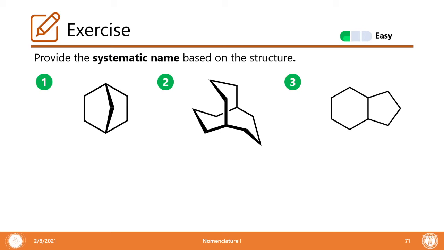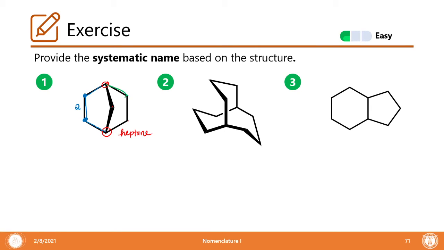So here are some simple exercises. Provide the systematic name based on the structure. Let's try this. Let's count the number of carbons. 1, 2, 3, 4, 5, 6, 7. So this is a heptane. We have the bridgeheads here. Let's count the number of carbons in each path. In this path, we have 2 carbons.